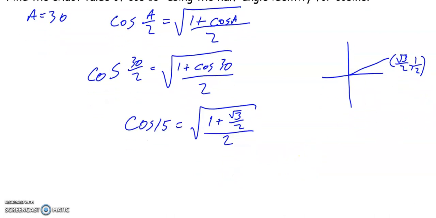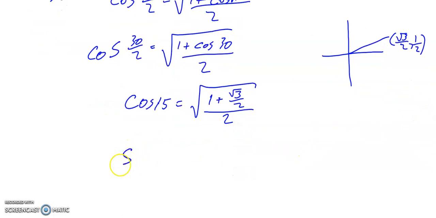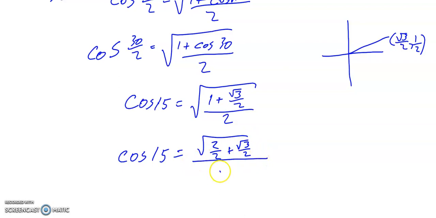Now remember, when we're taking a giant square root like this, the cosine of 15 is going to equal, on top, the square root of 1 plus radical 3 over 2, so I'm going to make common denominators. 1 is 2 over 2, plus radical 3 over 2, and all of that is over the square root of 2.